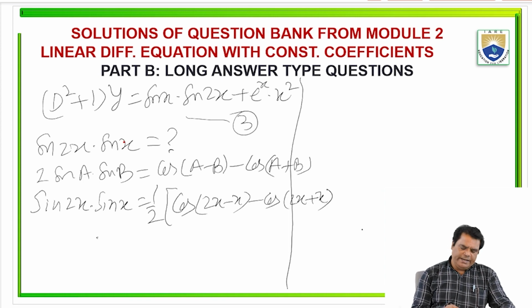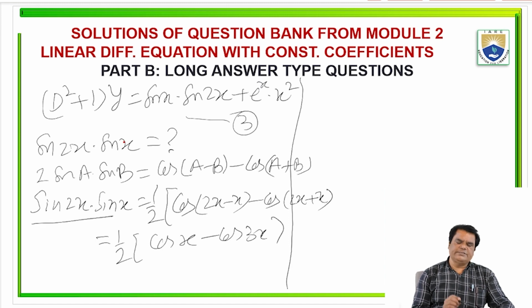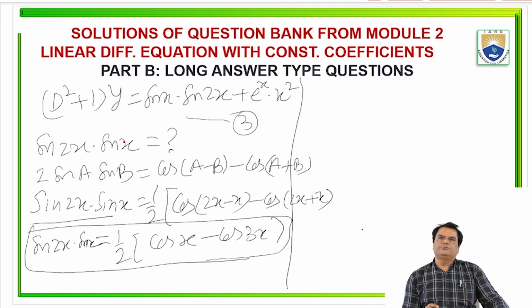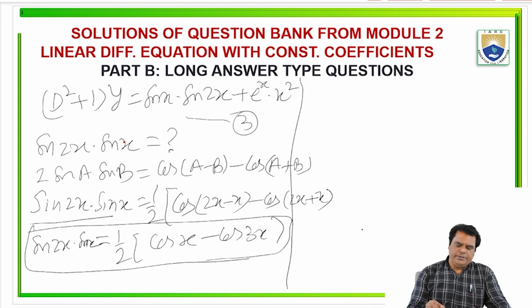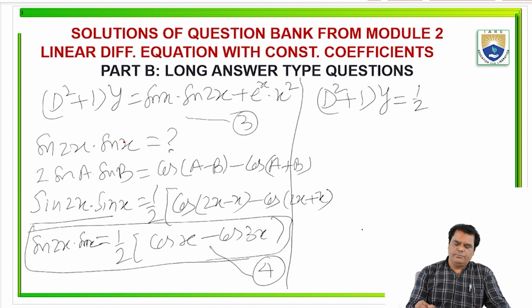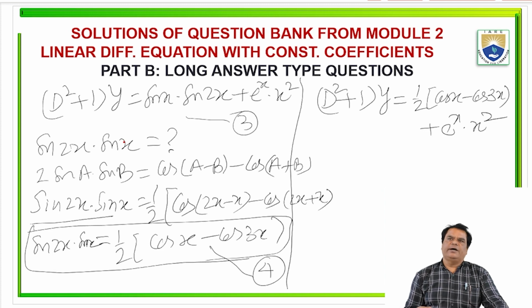So we write here 1 upon 2, in bracket cos x minus cos 3x. This is the value of sin 2x into sin x. Putting this value in our question, this is equation 4: D square plus 1 into y is equal to 1 upon 2, cos x minus cos 3x, and plus e to the power x into x square.